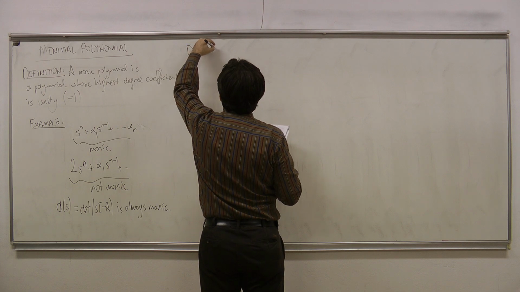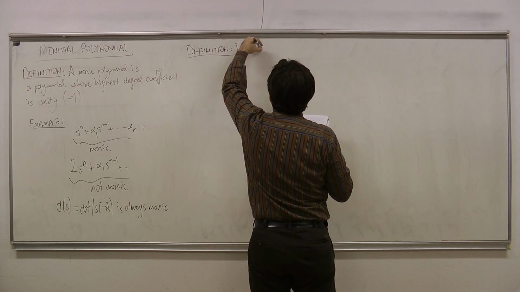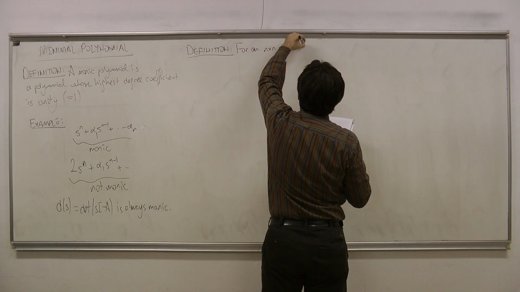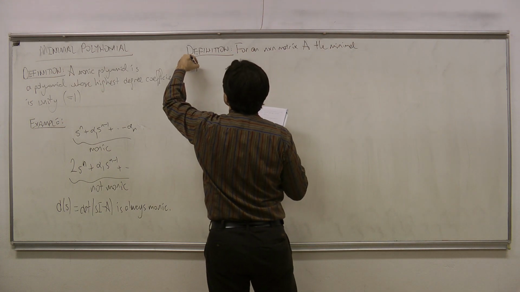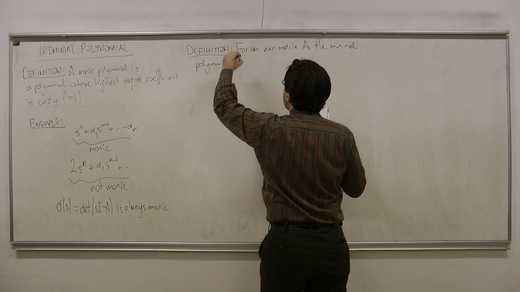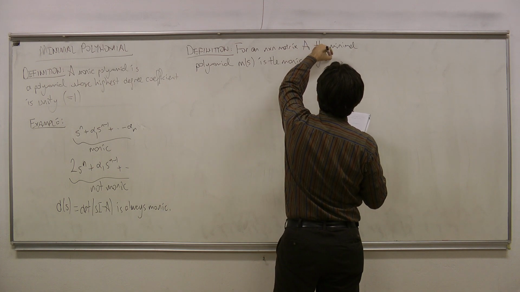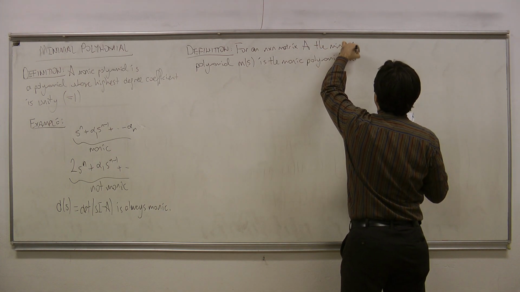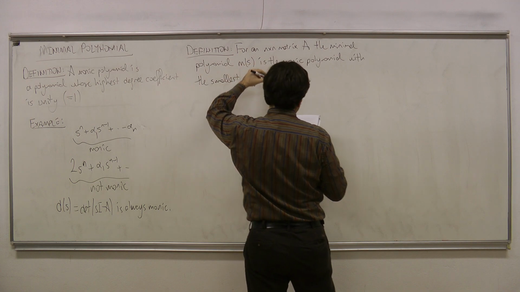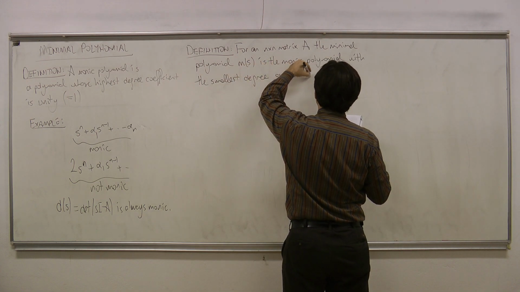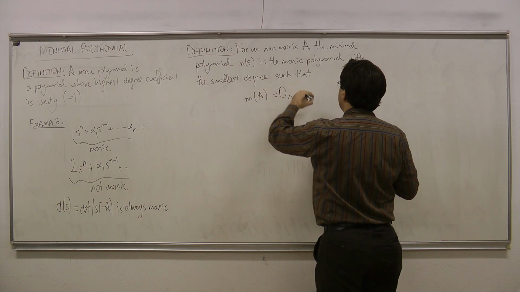Definition: for an n by n matrix A, the minimal polynomial m of s is the monic polynomial with the smallest degree, or order, such that m of A is equal to 0, the n by n zero matrix. Okay?